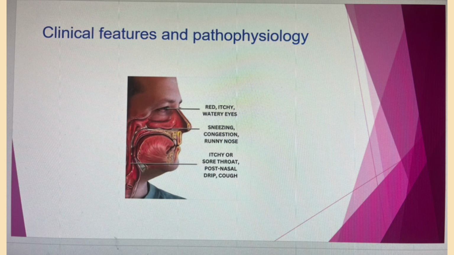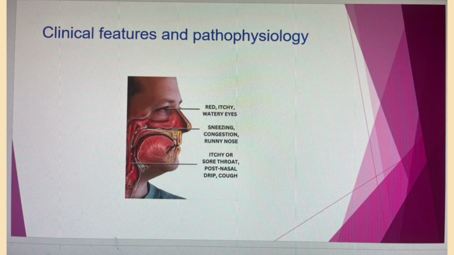What is the difference with sinusitis? In sinusitis, there will be purulent discharge. Also itchy or sore throat, postnasal drip, or cough. Remember, chronic nasal congestion and postnasal drip are more common findings in chronic allergies and allergic rhinitis.